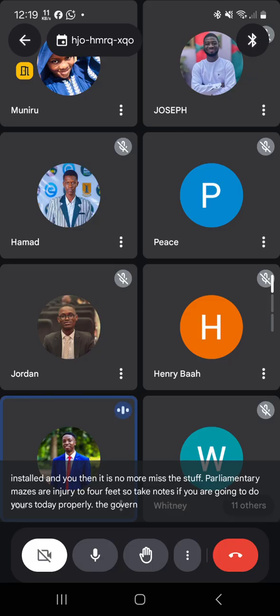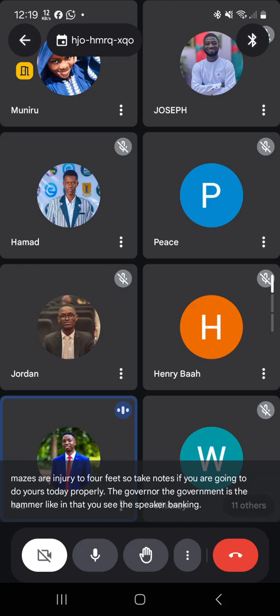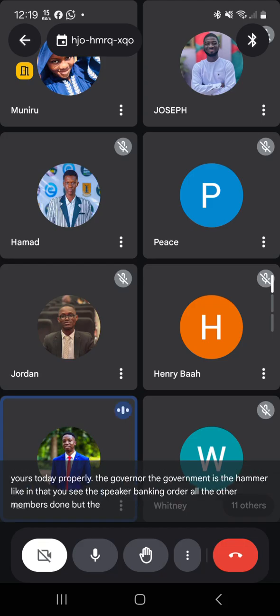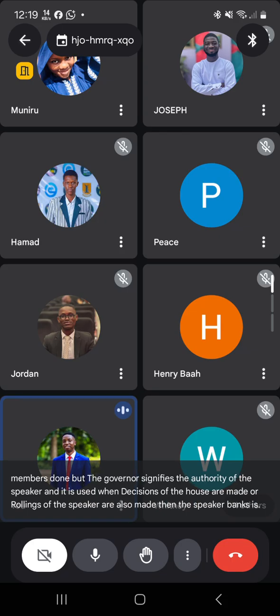The gavel. The gavel is the hammer-like thing that you see the speaker banging: "Order, order, honorable members!" Bang, bang, bang. The gavel signifies the authority of the speaker, and it is used when decisions of the house are made or rulings of the speaker are made. Then the speaker bangs it once.